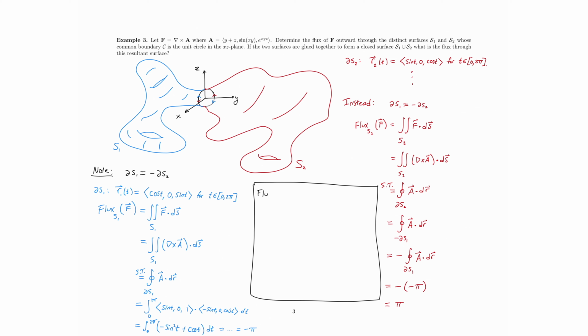The flux of F through this surface S1 union S2, glued together, in other words, this is the double integral over S1 union S2 of F dot dS, which is just the double integral over S1 of F dot dS plus the double integral over S2 of F dot dS, which is equal to negative pi plus pi, which is 0.